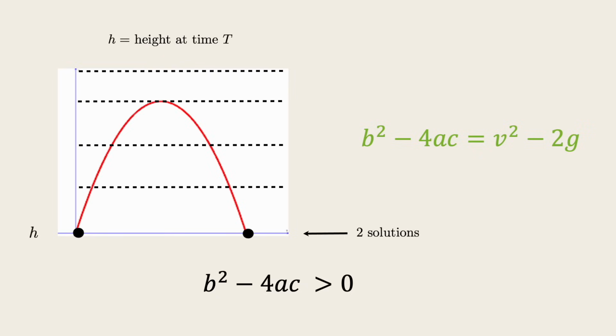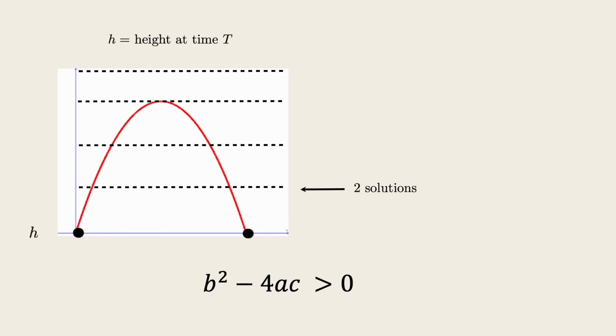But if you were to calculate that, then at height 0, you're going to see that the discriminant is positive. Still positive. Still positive. Not positive, but not negative either.